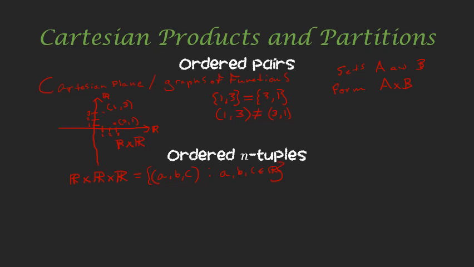So an element of R cross R cross R might be the point (1, 0, 1).